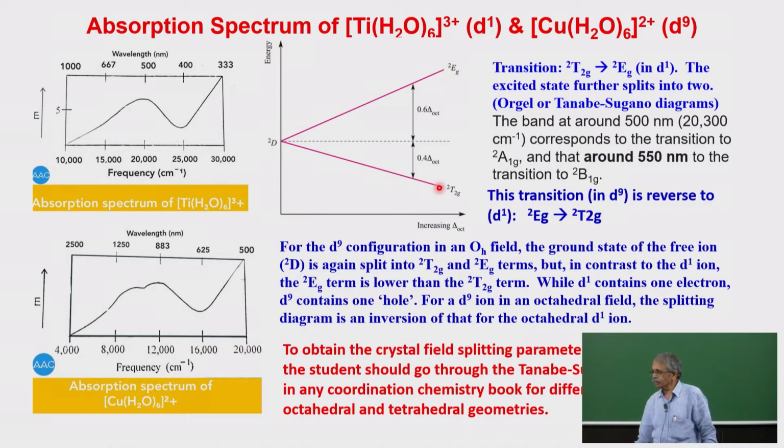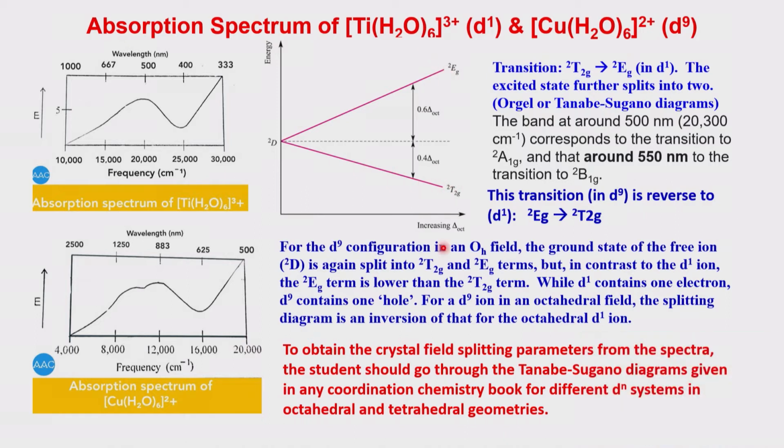So the transition will occur from this T2g to Eg. But because of the asymmetric nature of the electron filling, this Eg further splits, because Eg is doubly degenerate. That's why you find two. So one band around 500 nanometer, another band around 550 nanometer, and that's what you will see here. There is one at 500 nanometer, and one more around 550 nanometer.